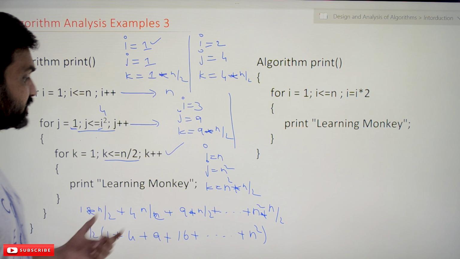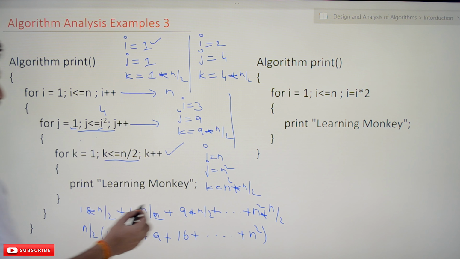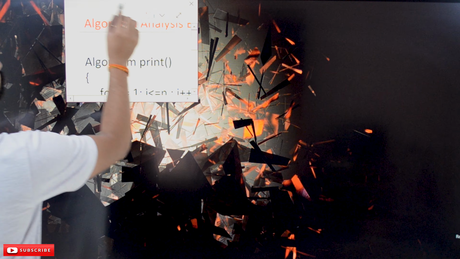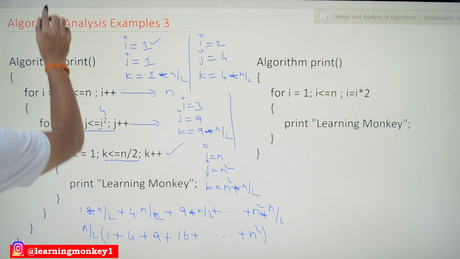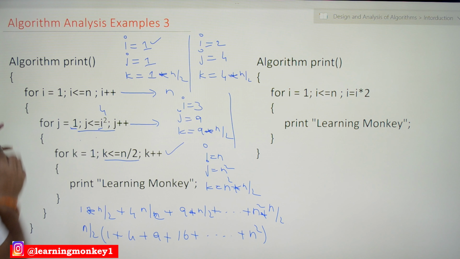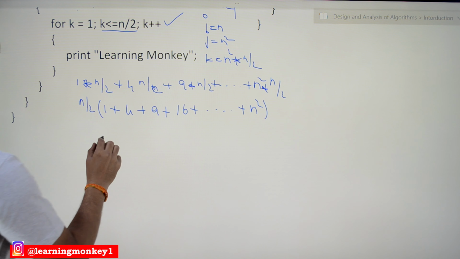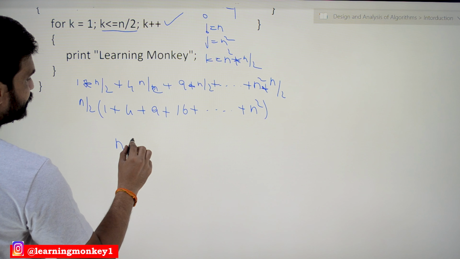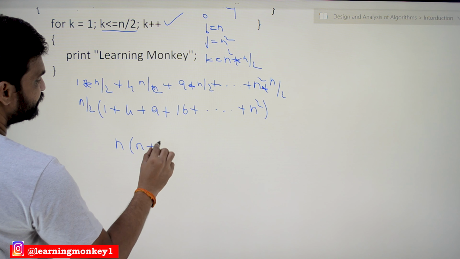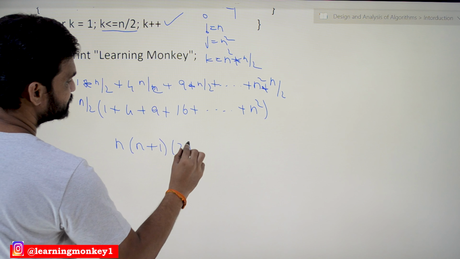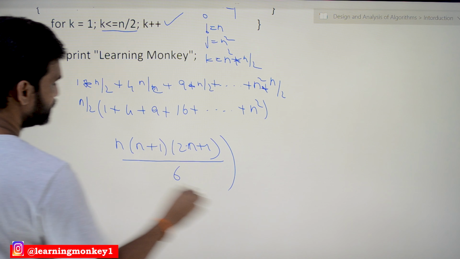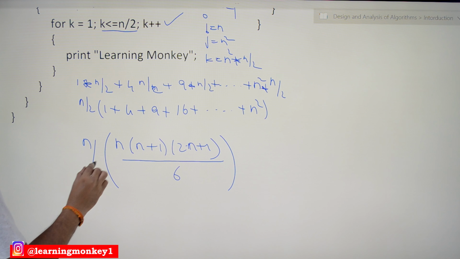How can we calculate the sum of the squares of the first n natural numbers? This is going to be n into n plus 1 into 2n plus 1 by 6, and this entire thing is multiplied by n by 2.